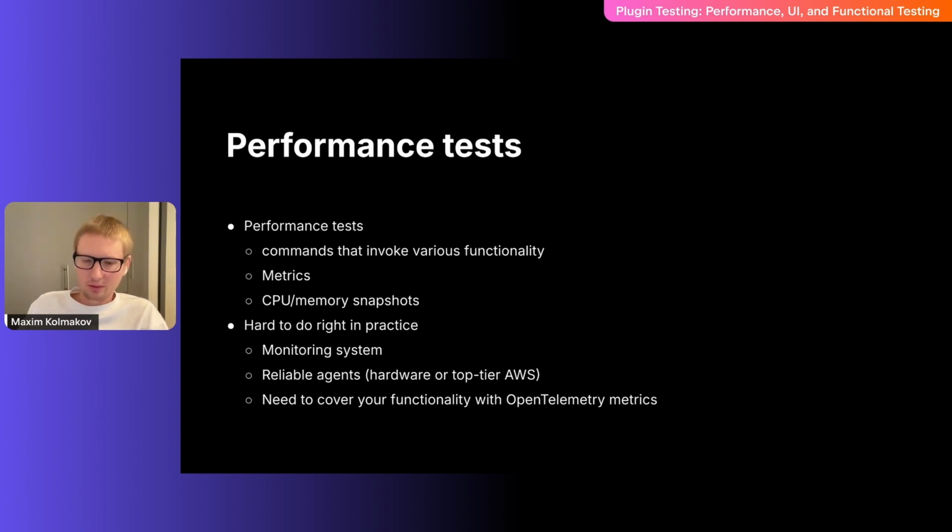We actually had to build our own in-house solution because nothing quite fit our needs. Second, you need the right testing environment. We've learned that only physical hardware or high-end AWS machines give you stable, reliable results. Virtual machines just introduce too much fluctuation.